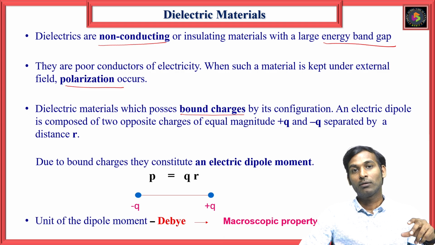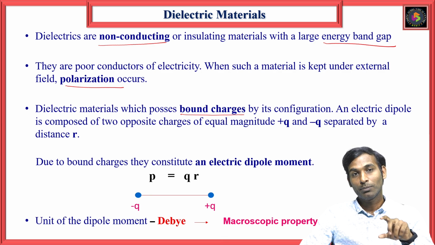I am taking one positive charge and one negative charge separated by some distance d. That configuration is called a dipole. So the dipole is very important in dielectric material.